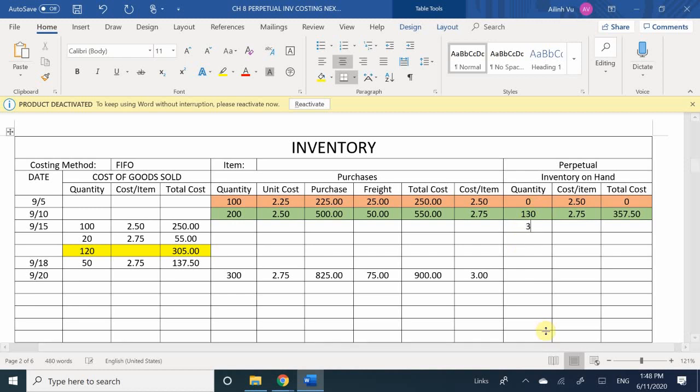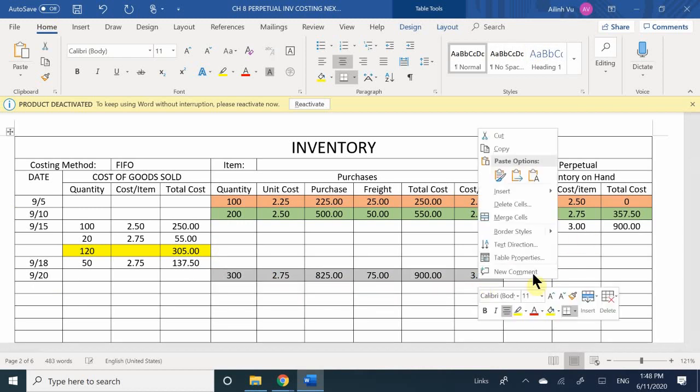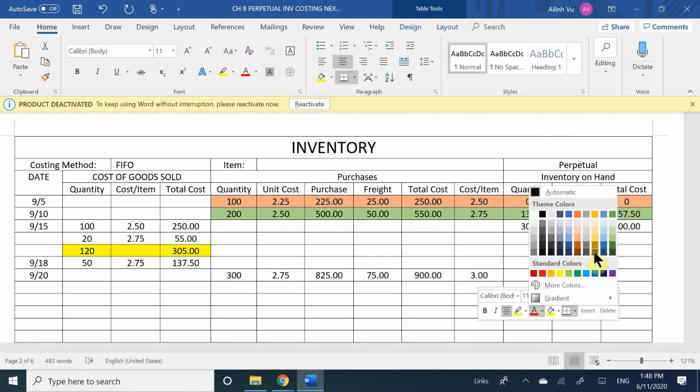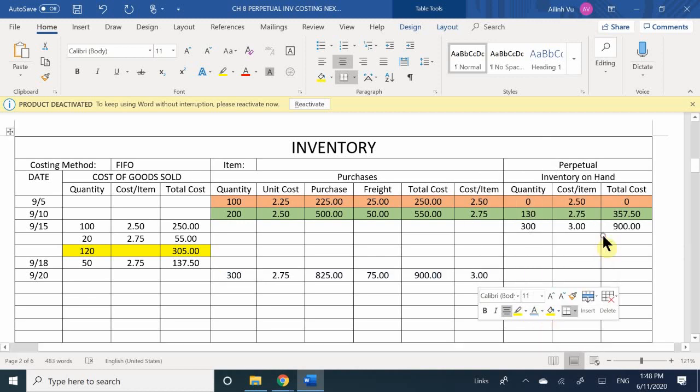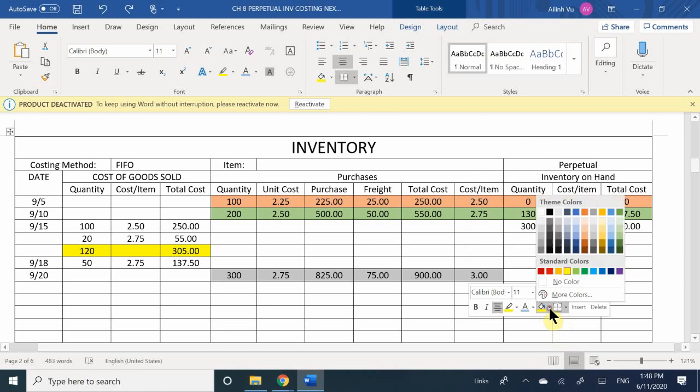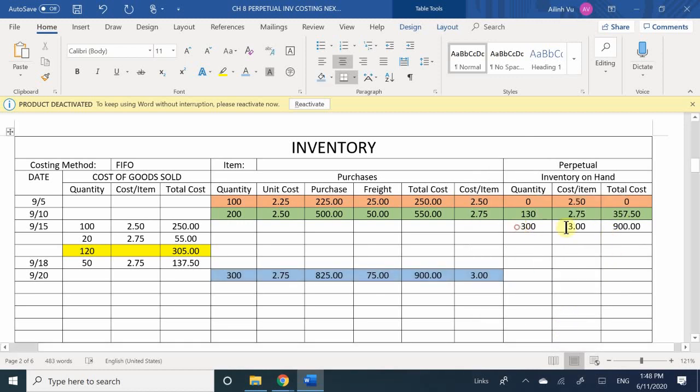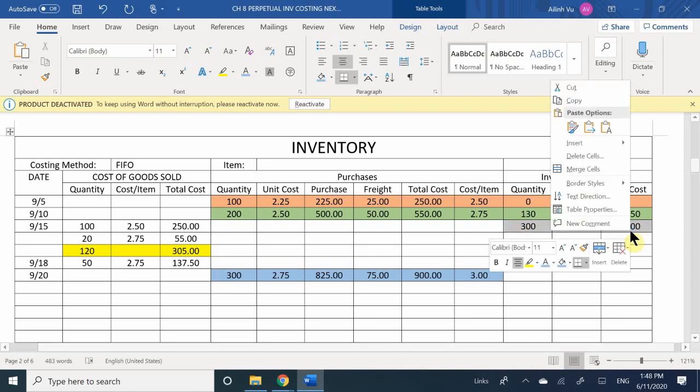So for my inventory, I have 300 items costing me $3 each, which should give me a total of 900. I'm gonna highlight this and make it a nice blue, and I'll make this blue too.